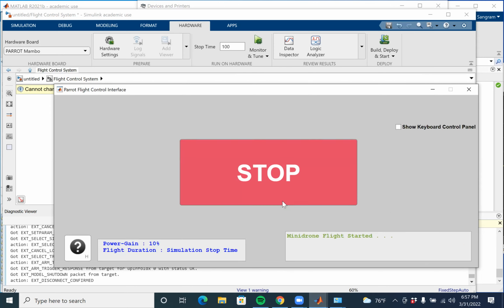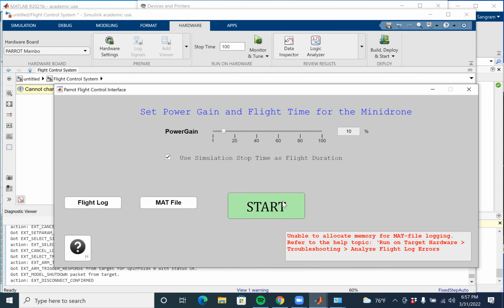The structure: you have M1, M2, M3, M4. And what you want is to ensure stability about the pitch axis.